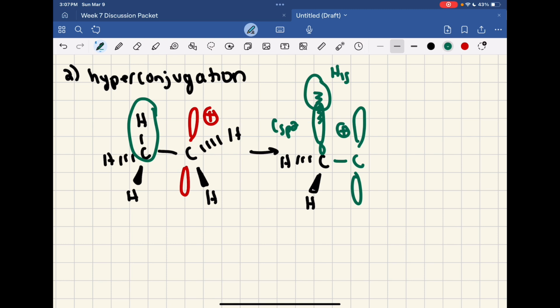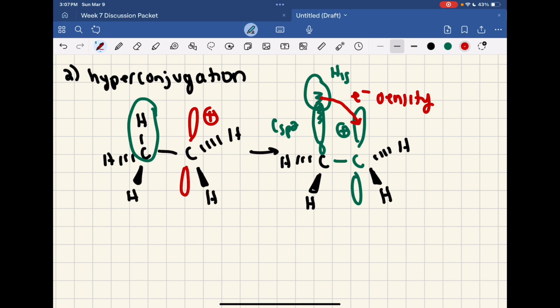Okay, and obviously we could fill everything else in. So you could imagine at any given point, this carbon sp2 hydrogen 1s bond could lean over slightly and donate some electron density into that empty p orbital. This donation into this empty p orbital allows it to be more stabilized.